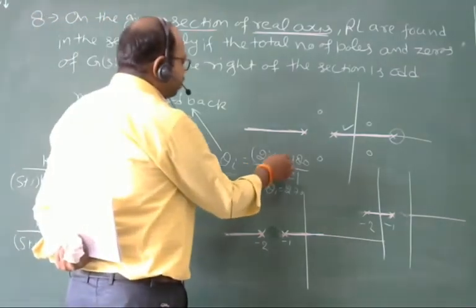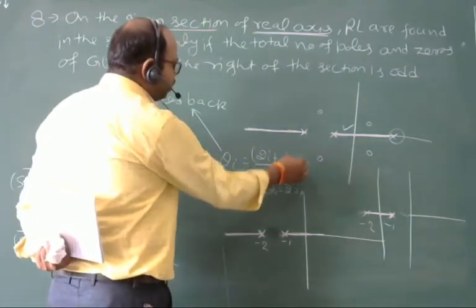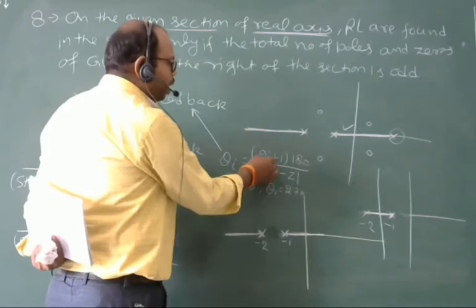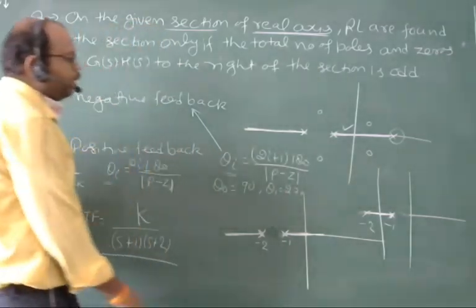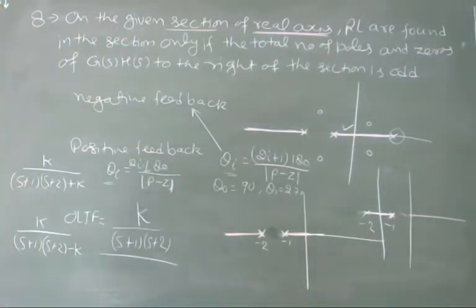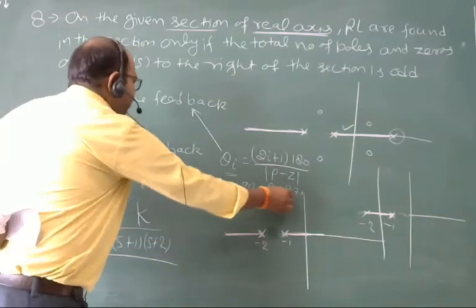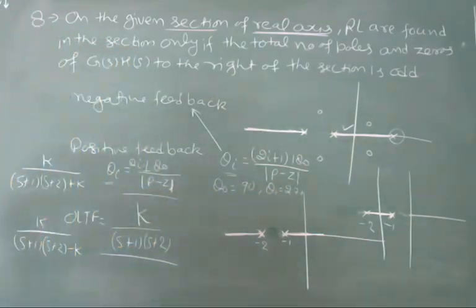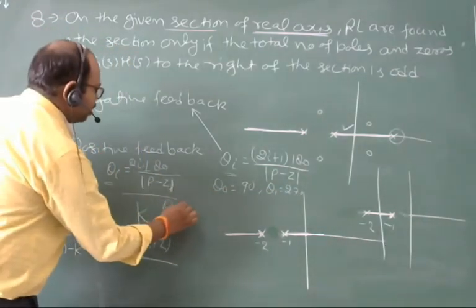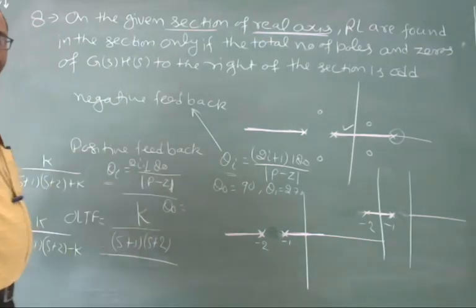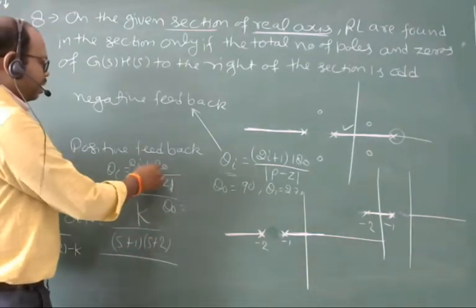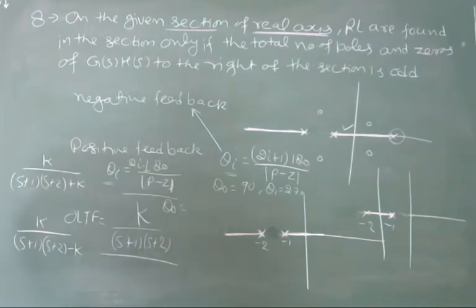If I put 0, then 1 into 180 divided by 2, which is 90. If it is 1, then 3 into 180 divided by 2, 90 into 3, which is 270.